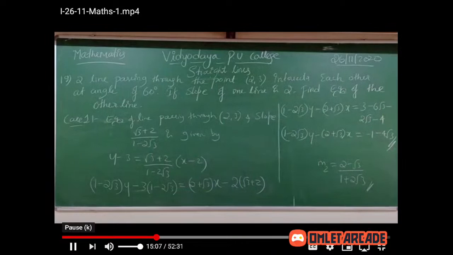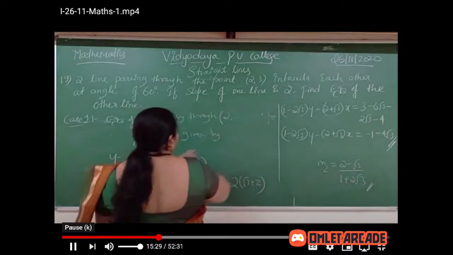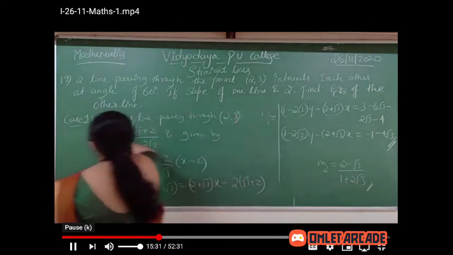Similarly, I have to do case 2 now. Okay? Case 2 is what? The equation of the line passing through 2, 3 and the slope is this. I hope case 1 is over. Pause the video and copy, students. Let me find the equation of the line passing through the same point.